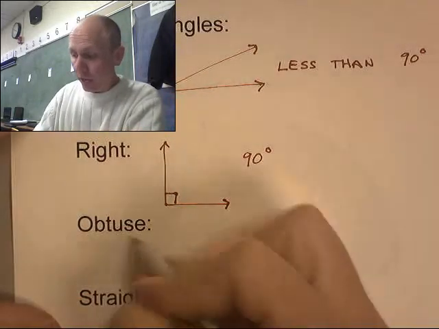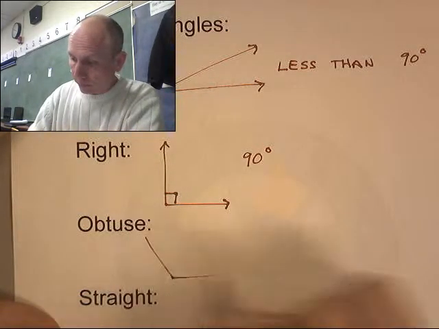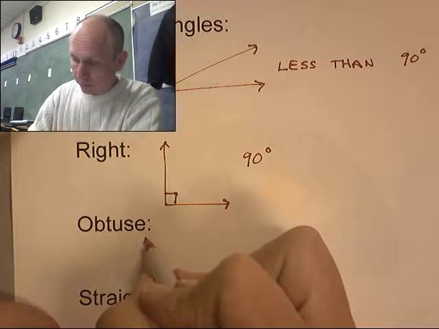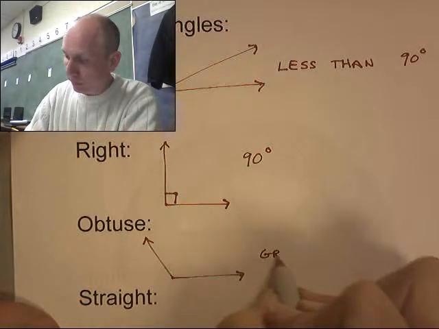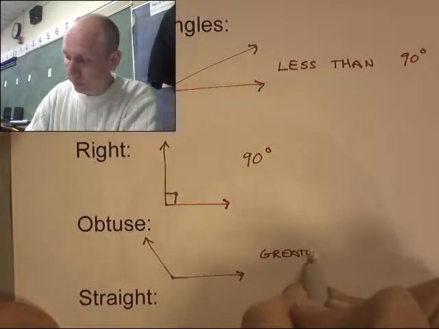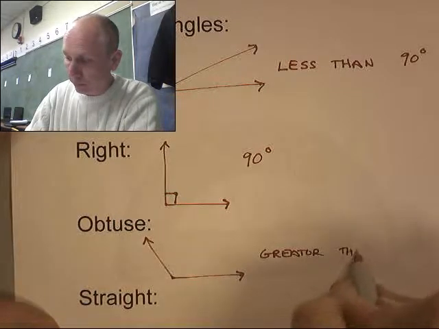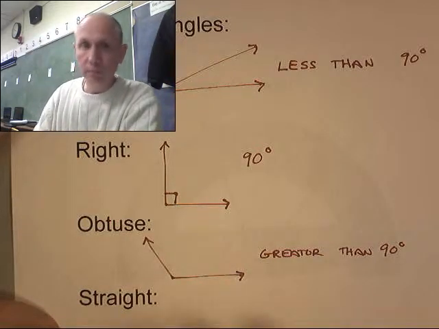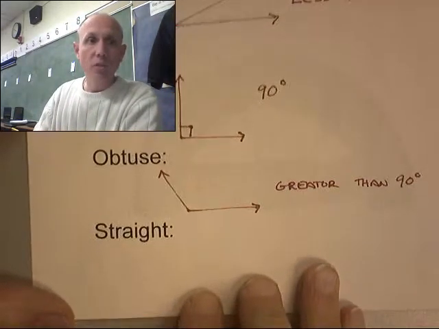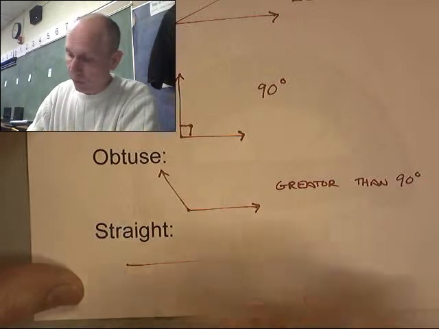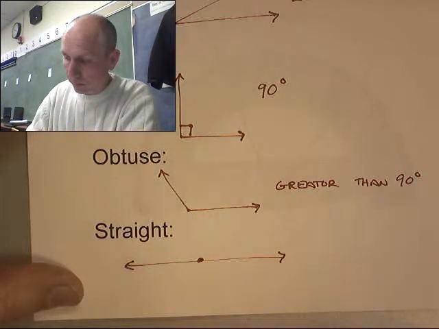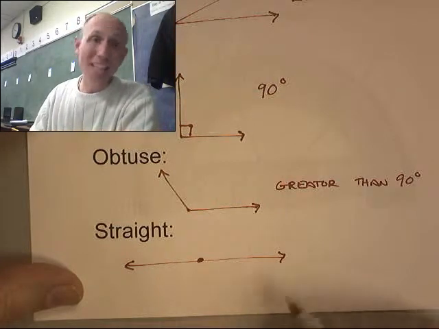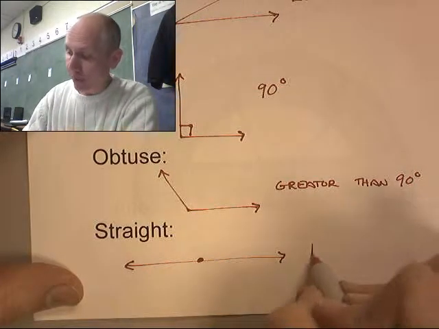An obtuse angle is greater than 90 degrees. And a straight angle, ready for this one? Is 180 degrees. It's a straight line.